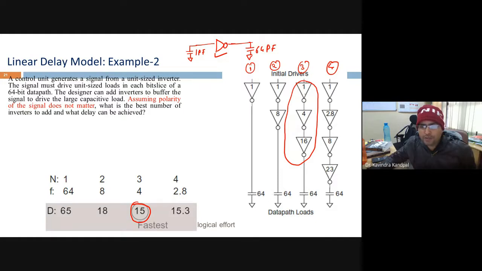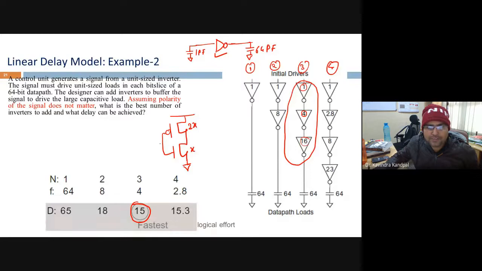You can clearly see the sizing happens in a progressive manner. The unit capacitance here is 16, here 4, here 1. Now the 16 units of capacitance will be divided across NMOS and PMOS. Let's say the mobility ratio happens to be 2:1. If the width of one is X, the other has to be 2X. This is VDD.